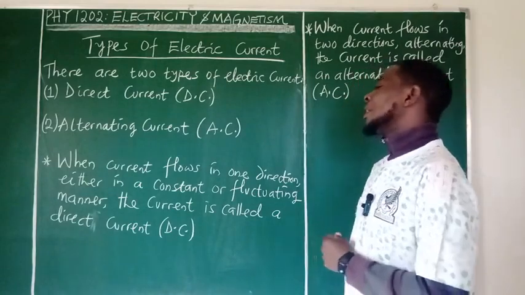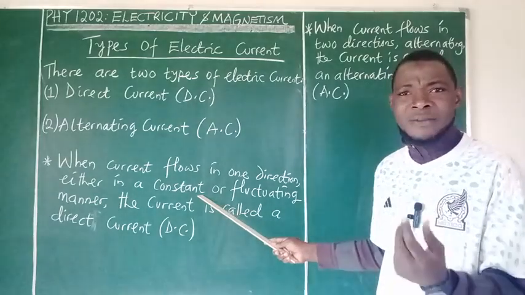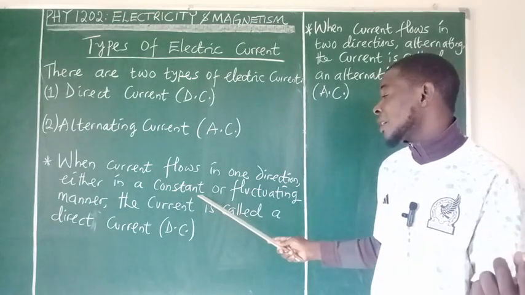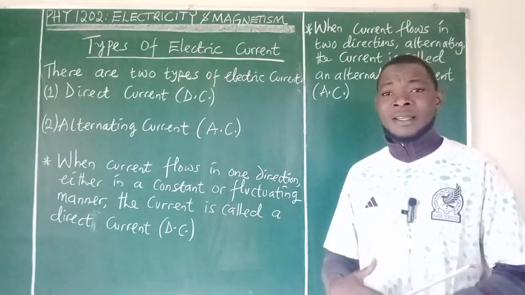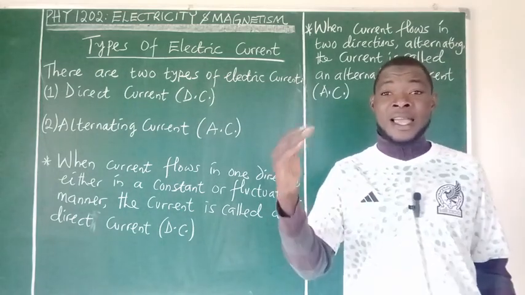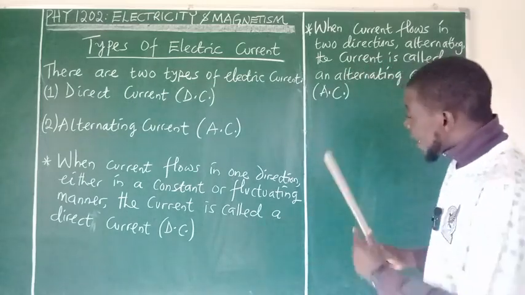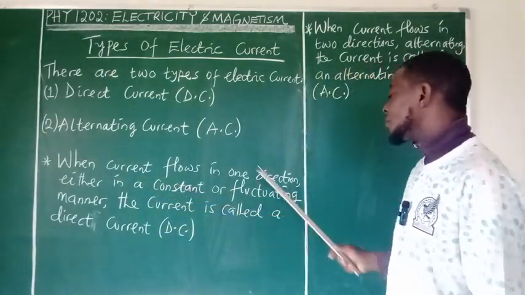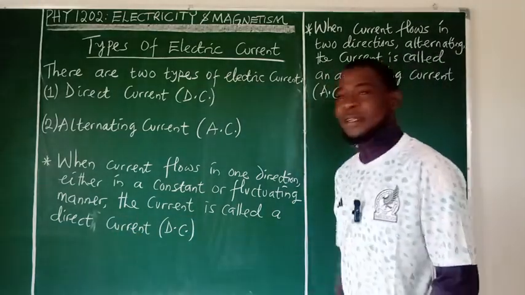And this flow is either constant, meaning it's not changing, the value of the current remains the same as it flows through, or fluctuating, or maybe it is changing. At one point in time it is high, at some other point in time it is low. That's fluctuating. So it's either in a constant or fluctuating manner, then the current is called a direct current.